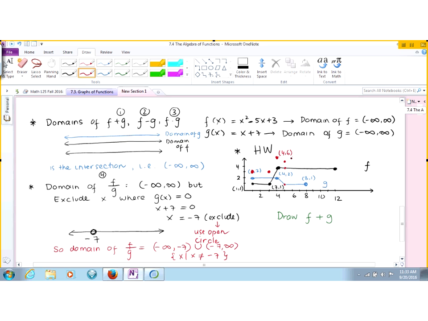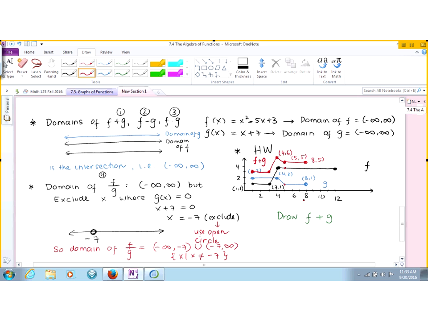So this is 5, 5 here. All right. And then what happens? So this is 4 plus 1 is 5. What about here? Same thing. So this is also 8, 5. So this is your graph. Your red one is F plus G.